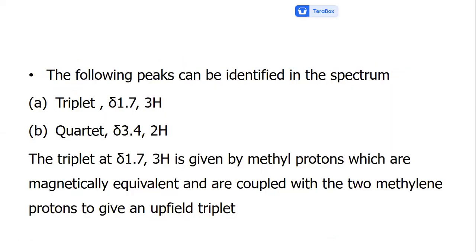The following peaks can be identified in the spectrum: triplet, delta 1.7, 3 hydrogen, and quartet, 3.4, 2 hydrogen. The triplet at 1.7 is given by methyl protons, which are magnetically equivalent and are coupled with the two methylene protons, giving an upfield triplet.